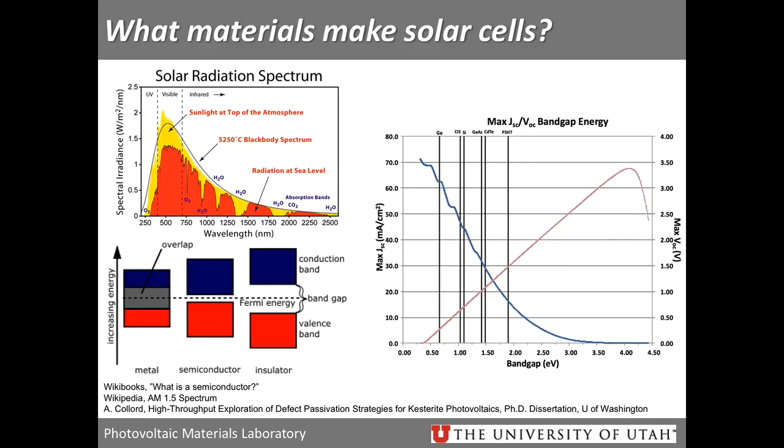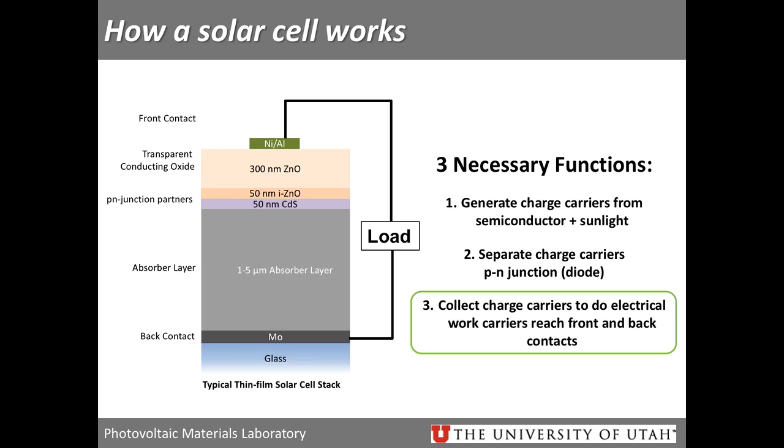Silicon has a band gap of 1.1, so you can see where it lies. Gallium arsenide and cadmium telluride are thin film. This is actually a standard thin film solar cell stack, but they're quite similar to what silicon uses, it's just for an example.